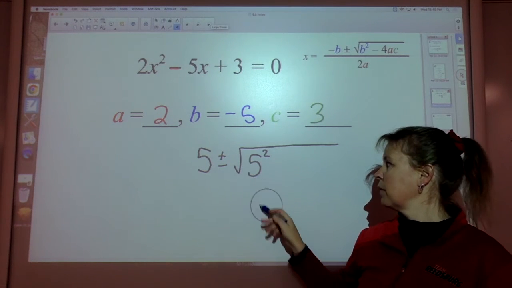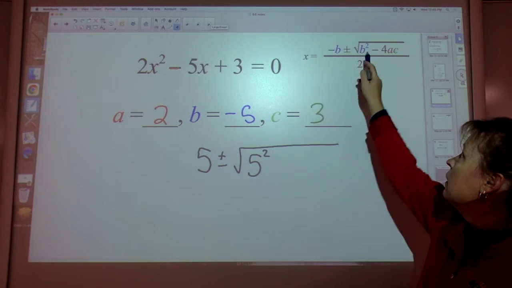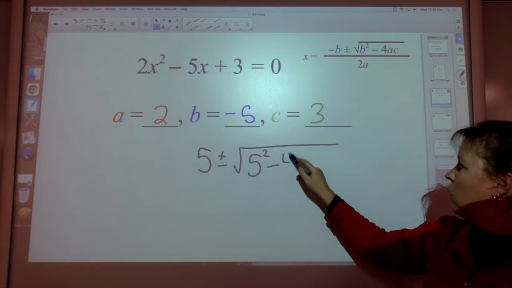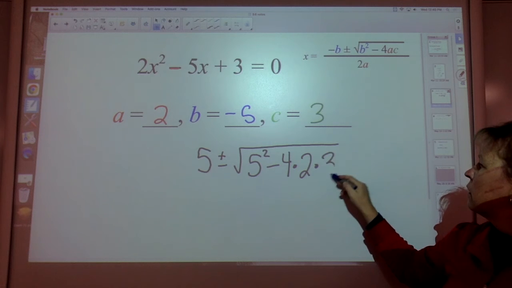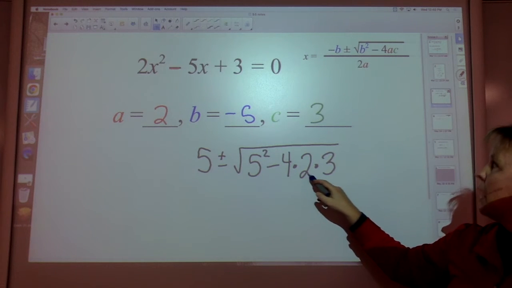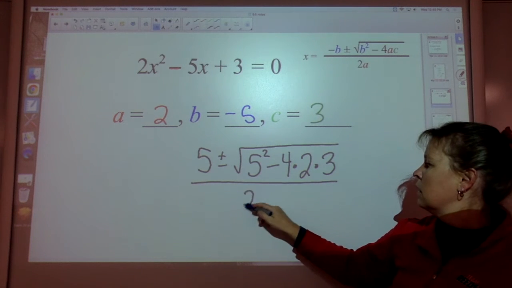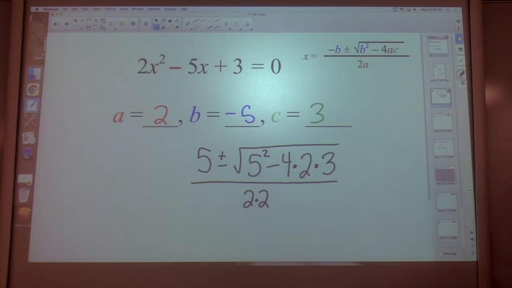So why mess with the negative and the parentheses? We're just putting in the b. b squared, 5 squared, minus 4 times 2 times 3, 4 times a times c, all over 2a, and I'm going to put 2 times 2. You could put 4 right away if you want to.